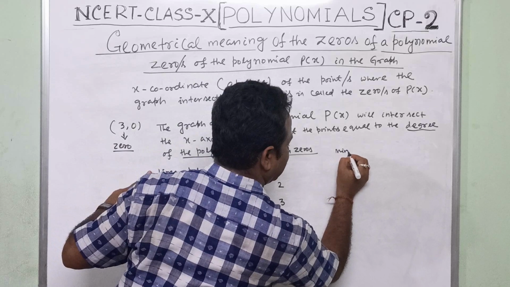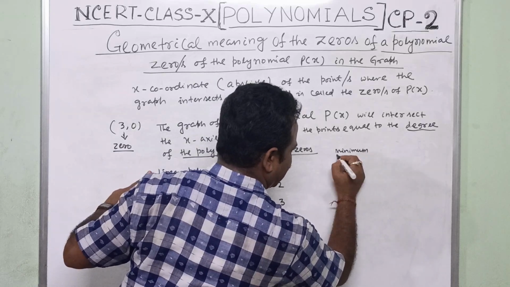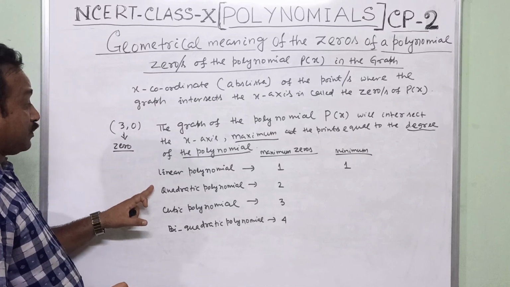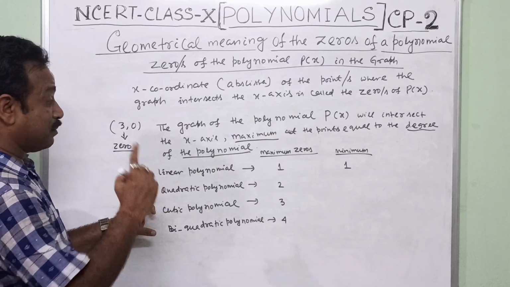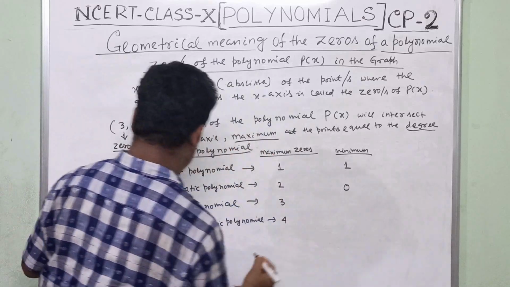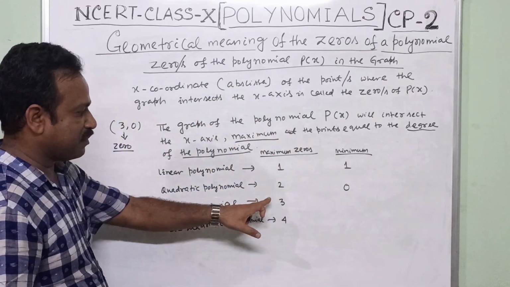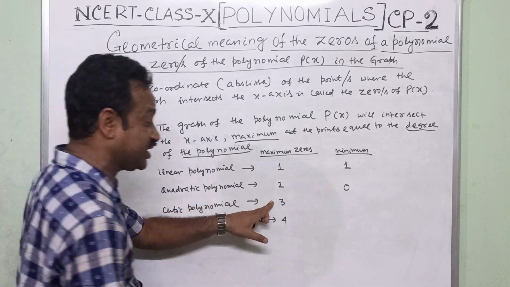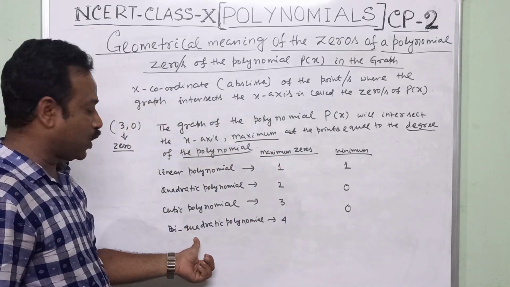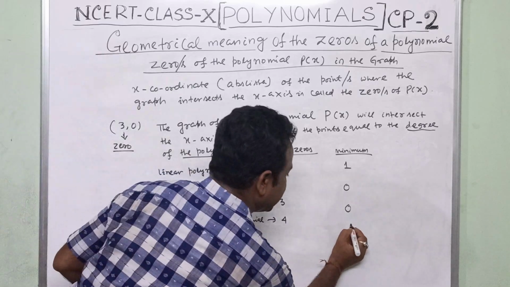Minimum is also 1 for a linear polynomial. For a quadratic polynomial, maximum 2, minimum 0. Cubic polynomial, degree 3, maximum 3, minimum 0. Bi-quadratic polynomial, degree 4, maximum 4, minimum 0.